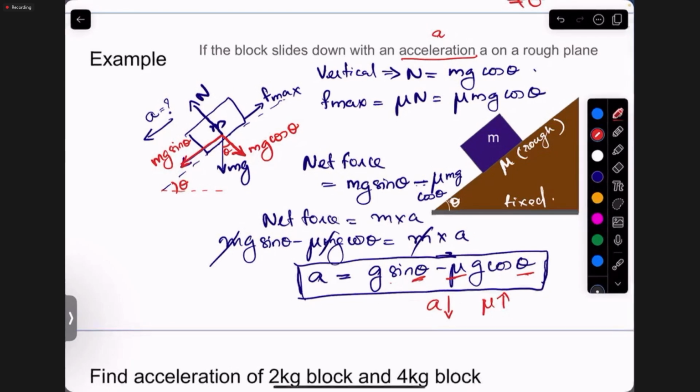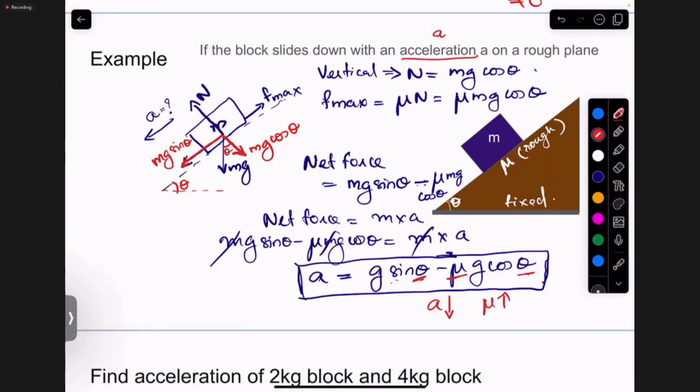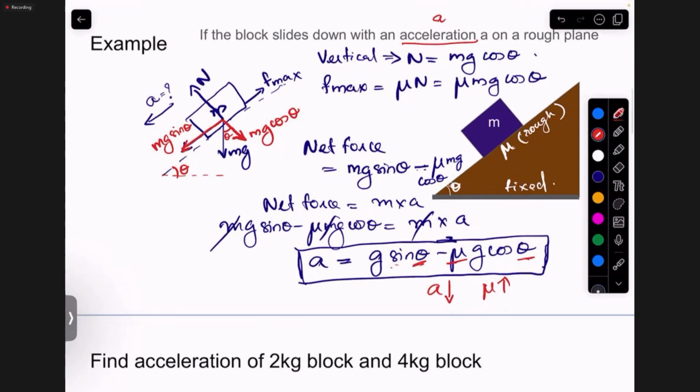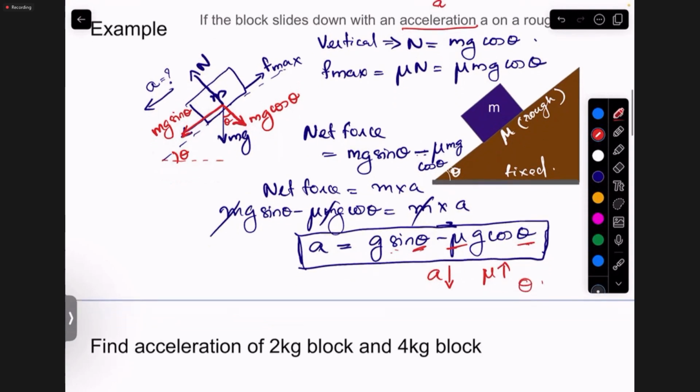If theta increases, sin theta will increase, and cos theta will also decrease or increase accordingly, so it has a relative kind of dependence on theta. But mu has a clear significance in acceleration. If mu increases, the mu g cos theta value will increase, and that will be subtracted from the g sin theta value, so acceleration will decrease.